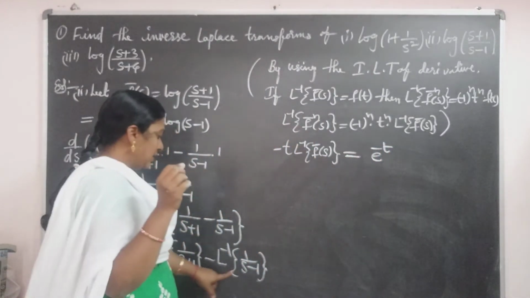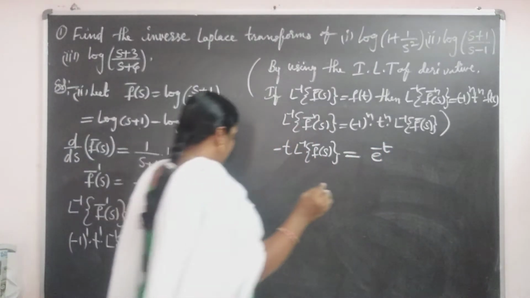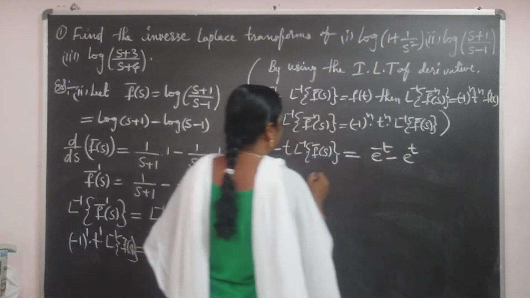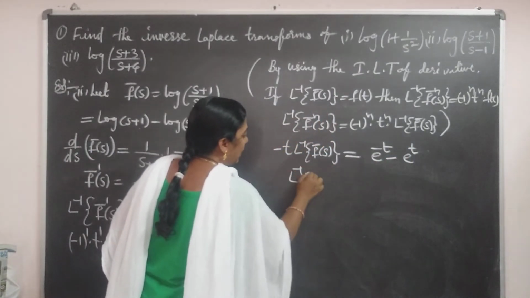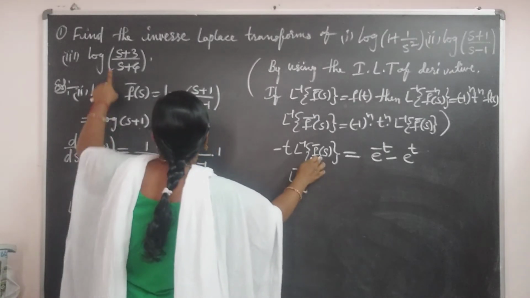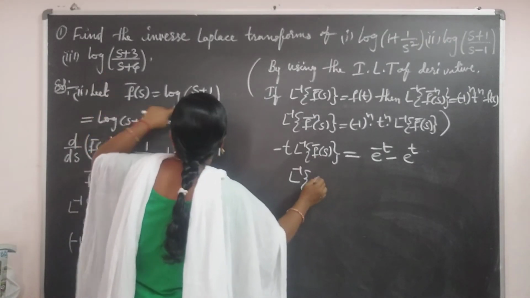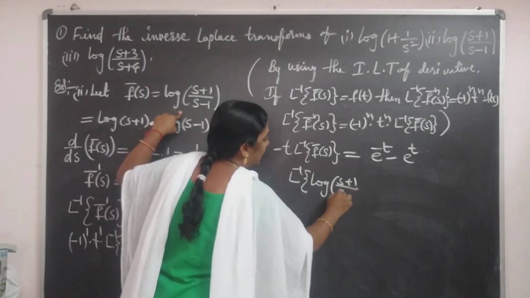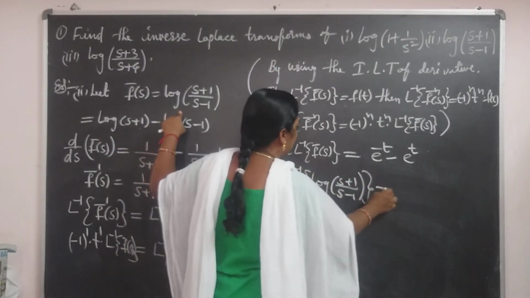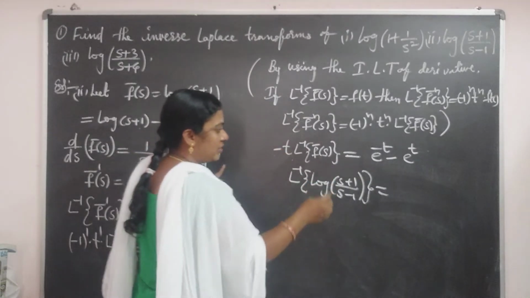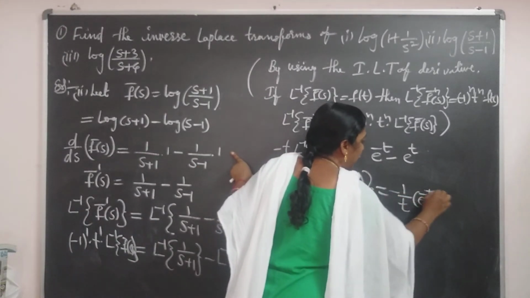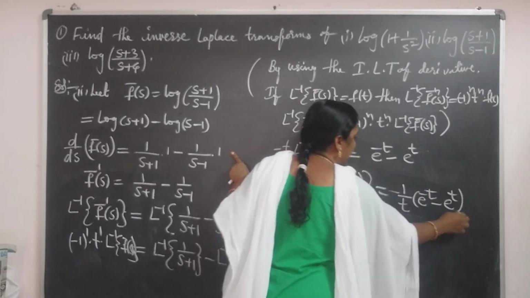The second term, here minus 1 is there, it is nothing but minus e power plus t. Then L inverse of f bar of s, that is log of (s plus 1) by (s minus 1), is equal to, taking this minus t to the right side, minus 1 by t into (e power minus t minus e power t).